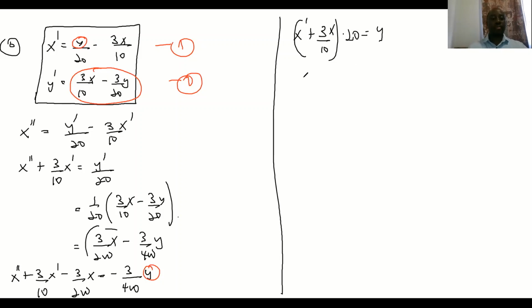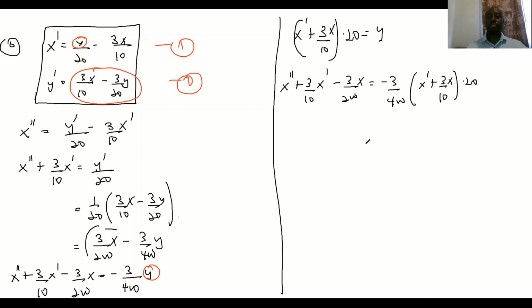So if I make that final substitution, I have x double prime plus 3 over 10 x prime minus 3 over 200 x is now minus 3 over 400 y, which is x prime plus 3 over 10 x times 20.